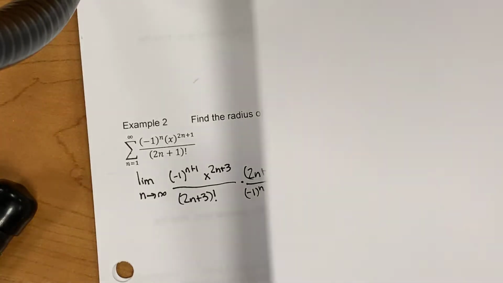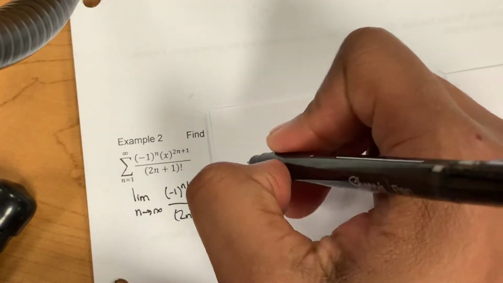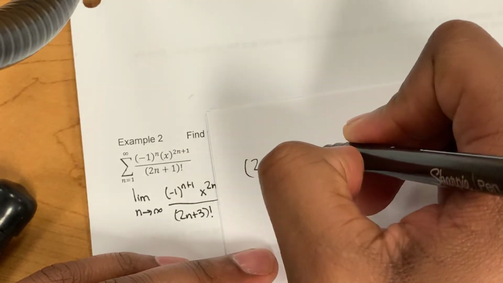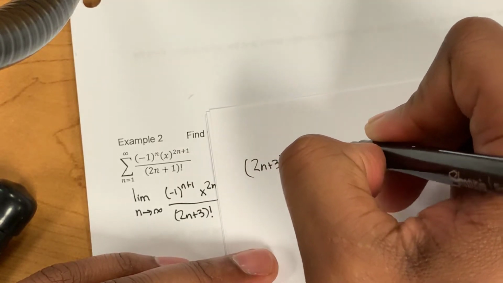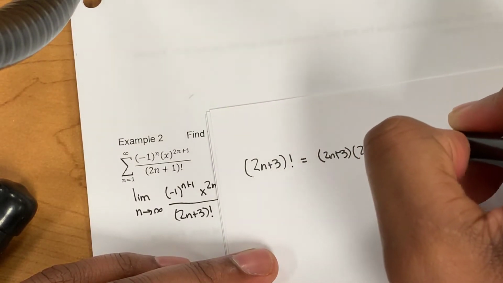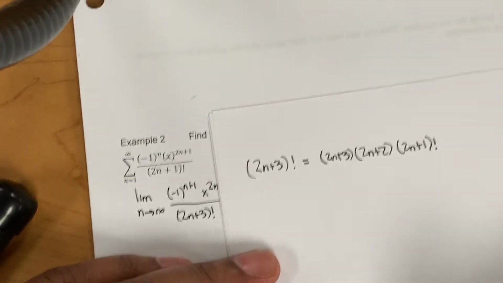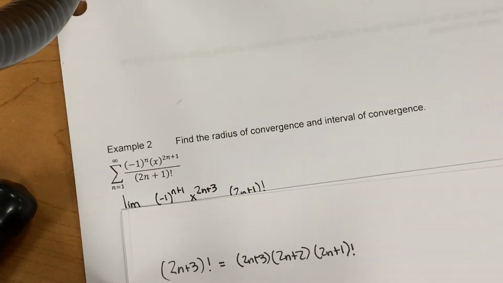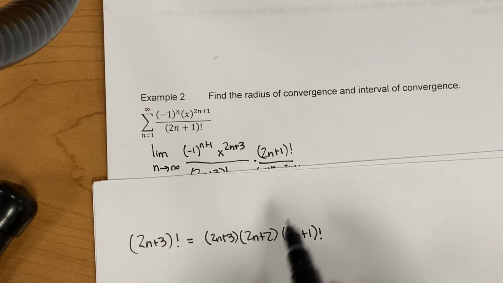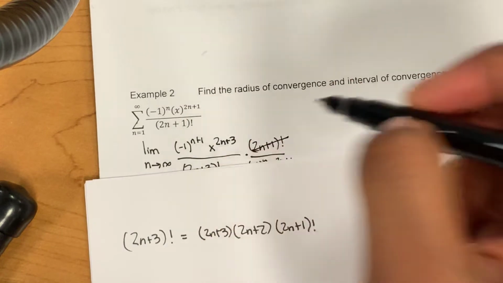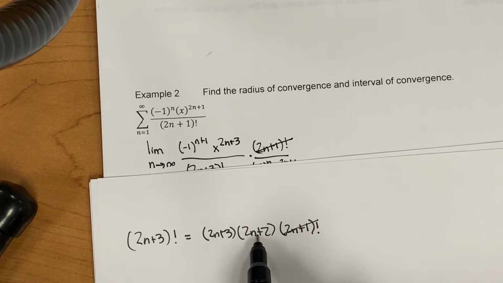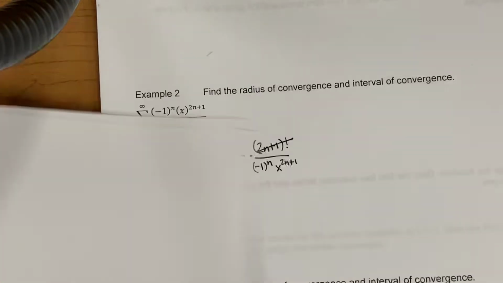Doing a little bit of side work: 2n plus 3 factorial equals 2n plus 3 times 2n plus 2 times 2n plus 1 factorial. So if 2n plus 3 factorial is this, then it cancels out 2n plus 1 factorial, and what's left over is 2n plus 3 and 2n plus 2. So we're going to keep that in mind.